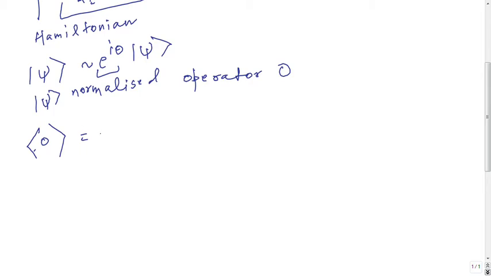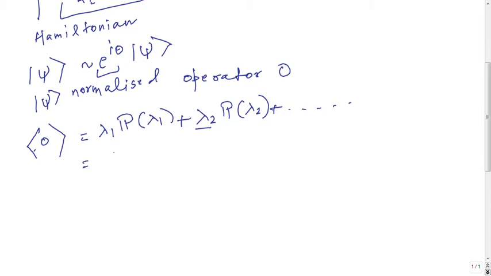and it is given as: the random variable takes this value lambda 1 times the probability that this random variable takes this value lambda 1, plus the random variable takes this value lambda 2 times the probability that this random variable takes this value lambda 2, and so on.